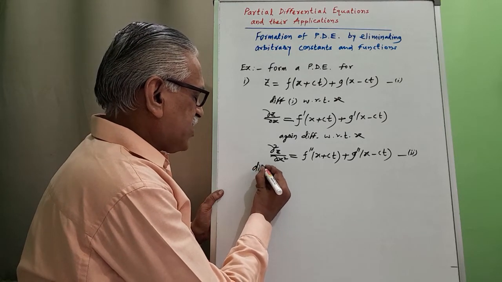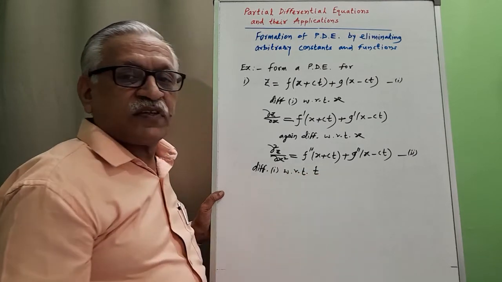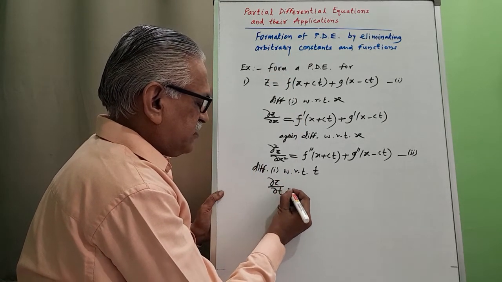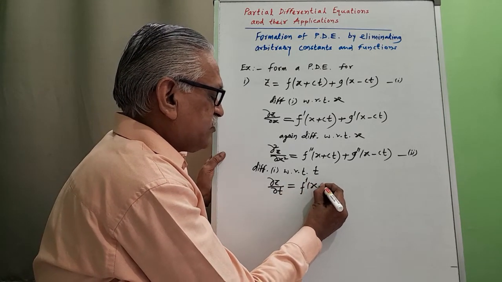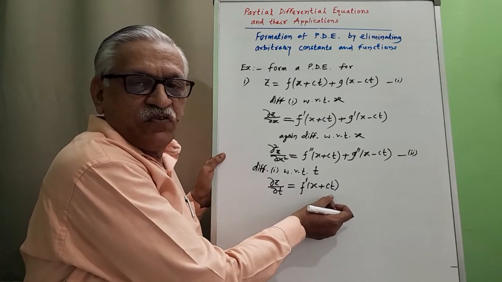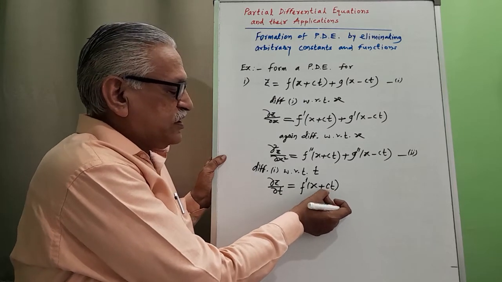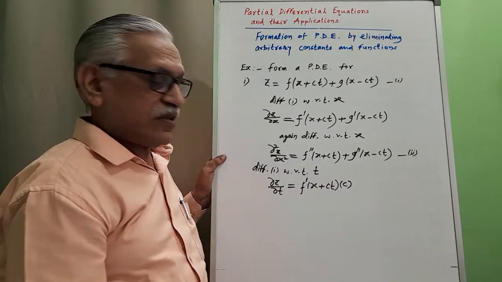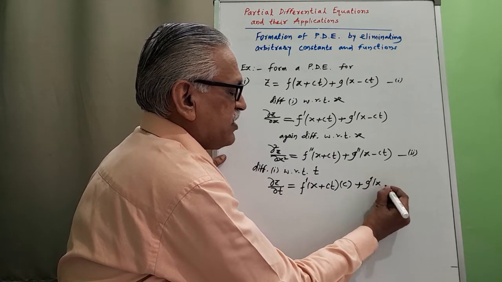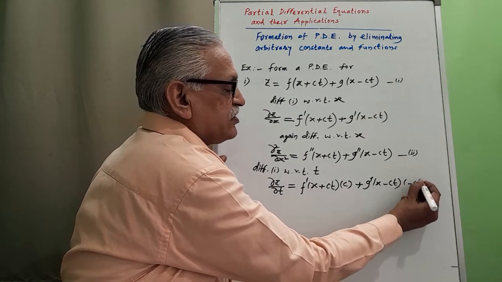Differentiating first time with respect to t, keeping x constant, the differentiation of z with respect to t: f is f dash of (x plus ct), chain rule, differentiation of x with respect to t is 0 and differentiation of ct with respect to t is c, plus differentiation of g is g dash of (x minus ct), chain rule, differentiation of this term is minus c.